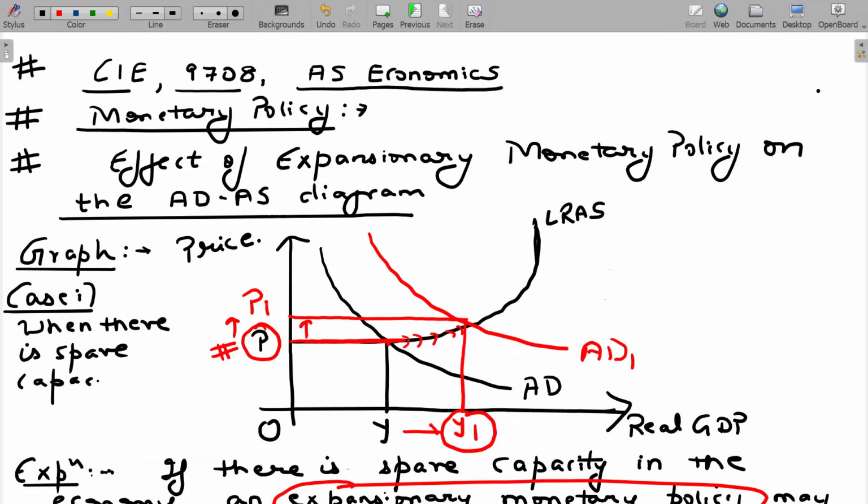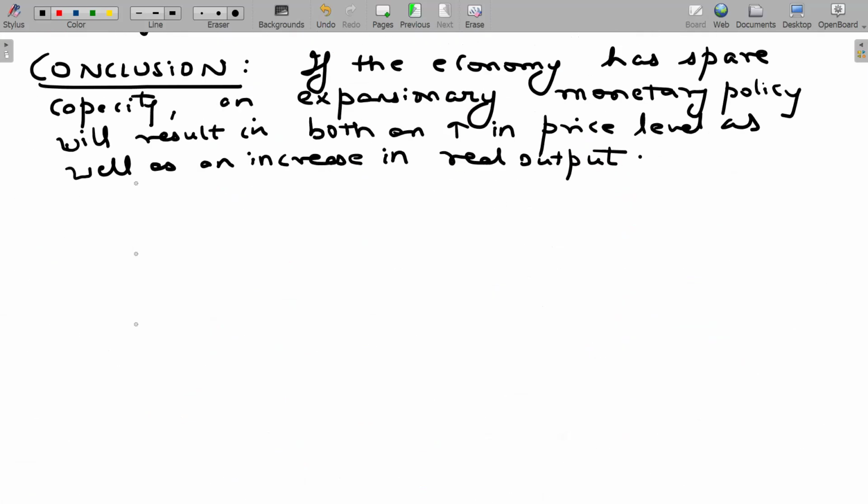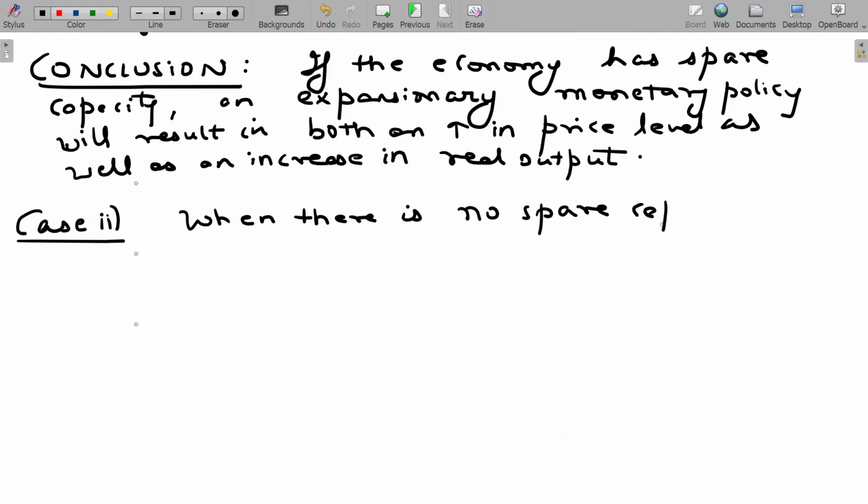Suppose there is no spare capacity. That means suppose you are on the vertical portion of the LRAS. So let's look at case 2, when there is no spare capacity in the economy.